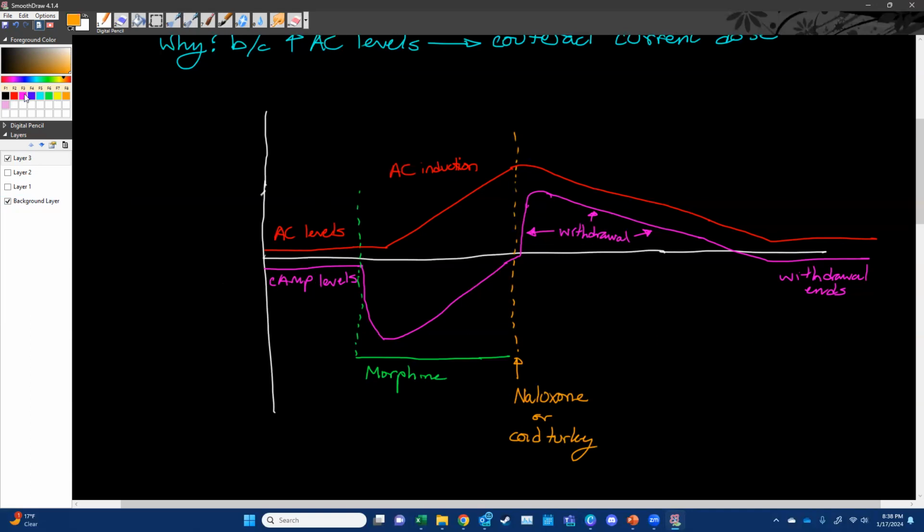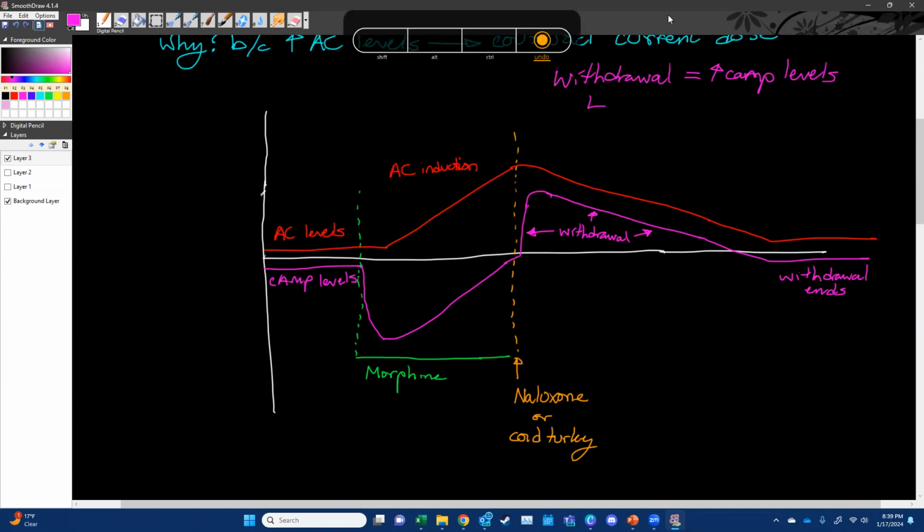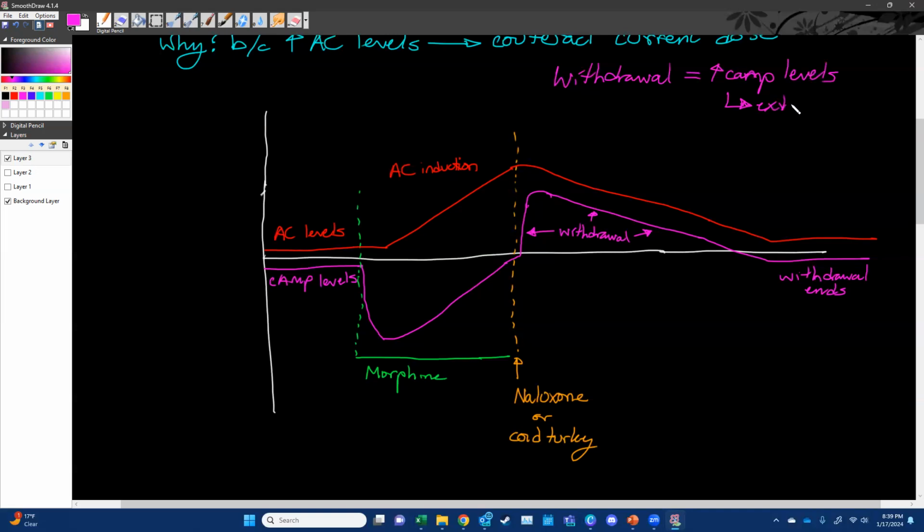When we talk about withdrawal symptoms, which again is just increased cAMP levels, we see things like tachycardia. The way I want you to think of this is extreme fight or flight.